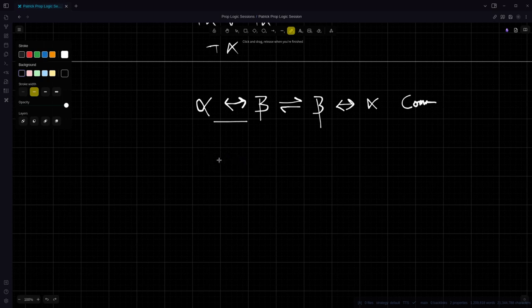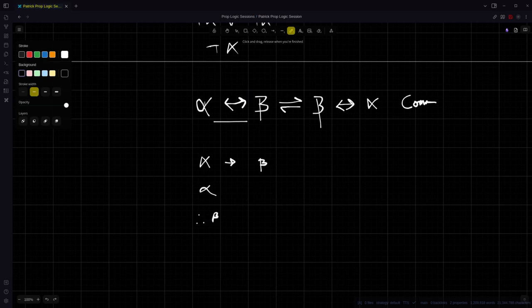And that is going to be something like, for example, we have the traditional modus ponens, right? We have alpha implies beta, and then you have alpha, and then you have therefore beta, right?